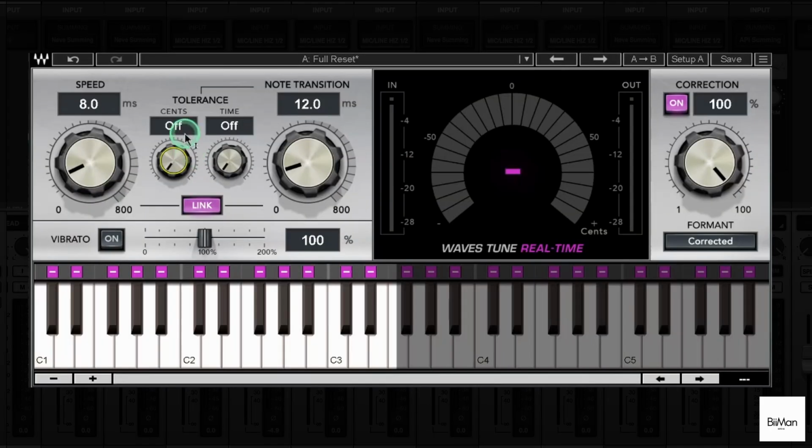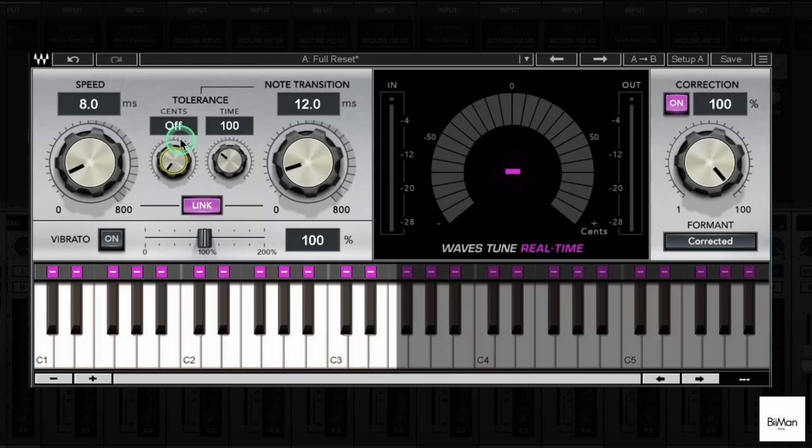So guys, as the cents control works on a matter of cents, the time control works on a matter of milliseconds. The highest is 300 milliseconds. You see guys, how the time control works is this. If you set the time control at 100 milliseconds and leave the cents off, what happens is the note transition would only kick in after 100 milliseconds when the note must have passed the plus 50 or minus 50 cent threshold.